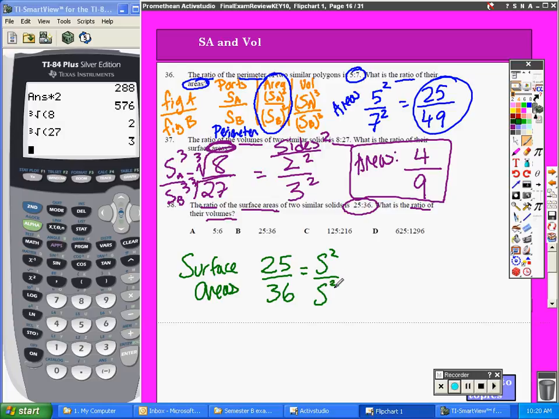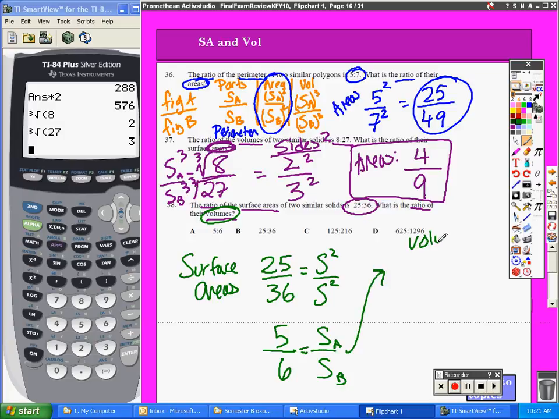So in order to find out what the ratio of the sides is, side A over side B, we're going to have to take the square root of each of these numbers. The square root of 25 is 5. The square root of 36 is 6. So 5 over 6 is the ratio of the parts. To find the ratio of the volumes, I have to go one more step.